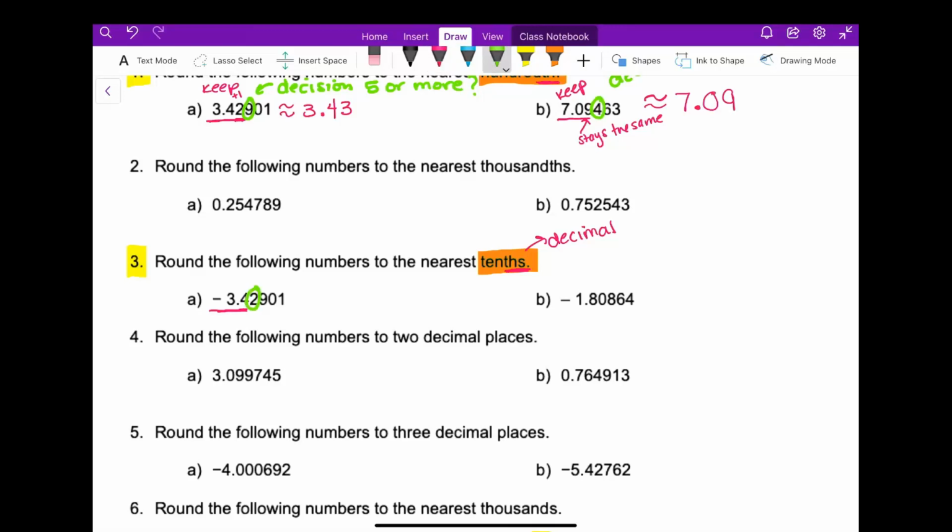The next rule is to circle the number right after your underline, which is 2, and you make a decision. And what's your question? It says, is this number 5 or more? The answer is no. So we are going to keep the 4 the same. This 4 stays the same.